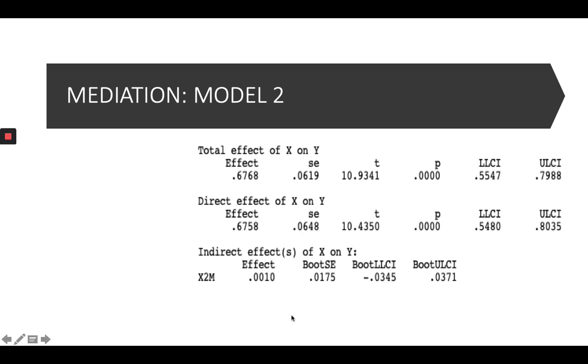And you can see here that the indirect effect of X on Y shows that the mediator did not really have as much of an impact as you saw with the previous model.